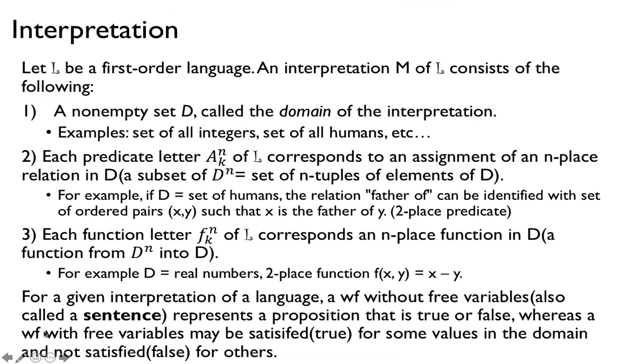Whereas if you have a well-formed formula that has free variables, then that formula can be satisfied, or is true, for some values in the domain, because some variables are free. For some choices of domain elements for those variables it could be true, or for other objects that represent those free variables, it could be false. So make sure you understand that.